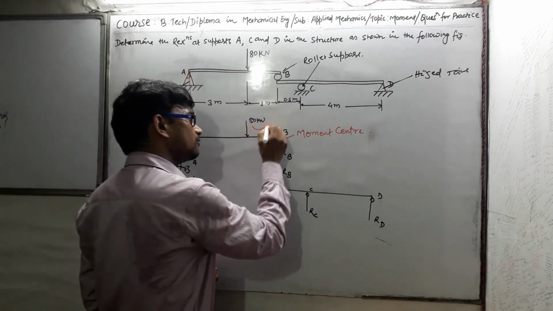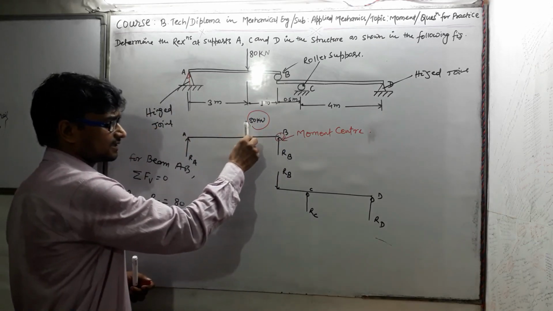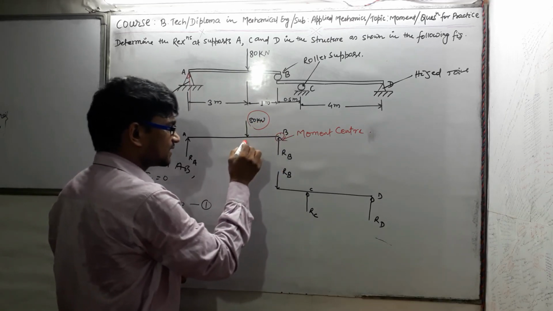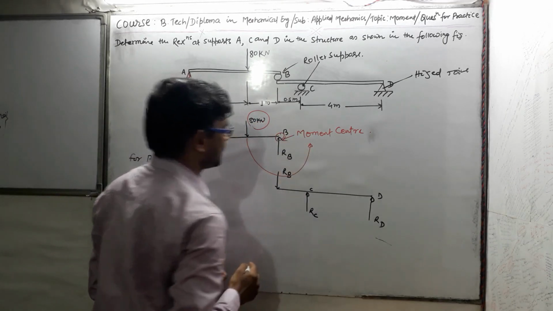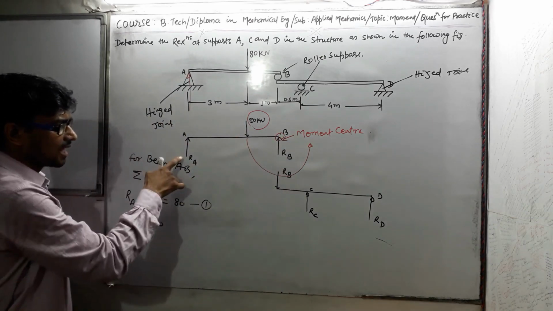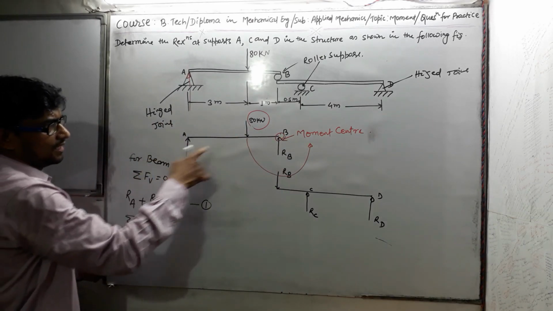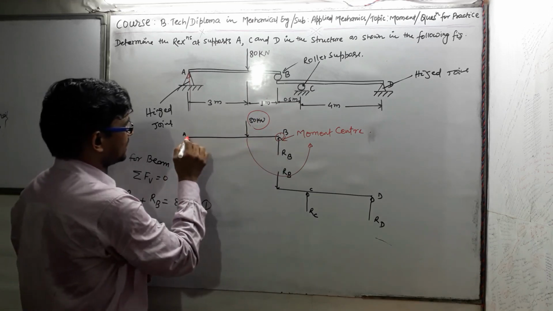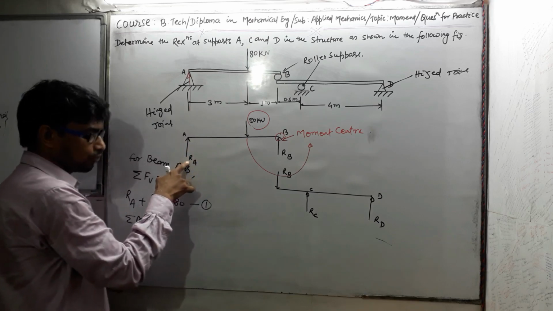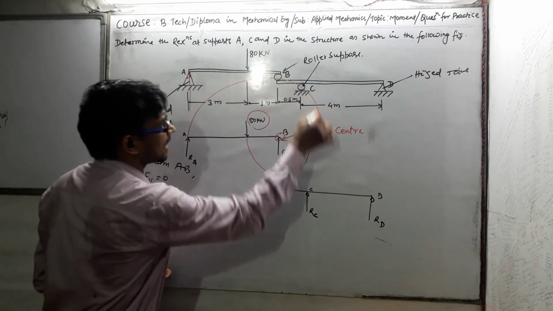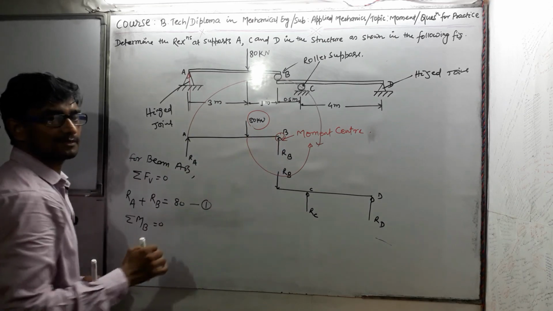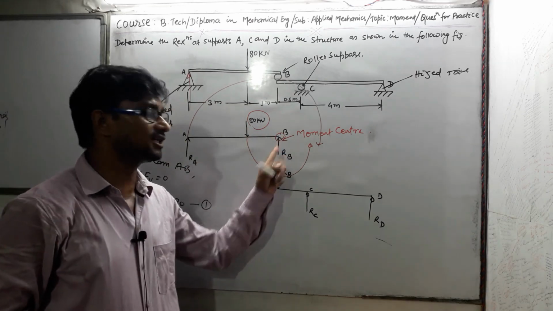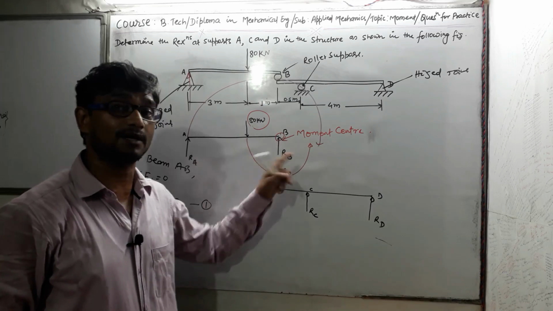See, 80 kilonewton is acting in the downward direction, and this force creates an anti-clockwise moment about point B. Now the RA force is acting at point A, and this force RA creates a clockwise moment about point B. So clockwise moment equals anti-clockwise moment about point B, so that the rotational tendency of the upper beam is arrested.